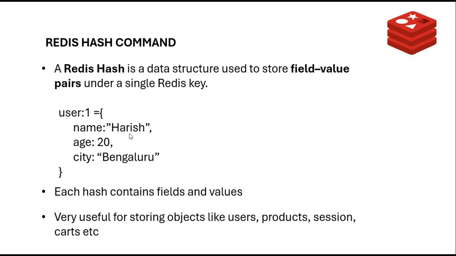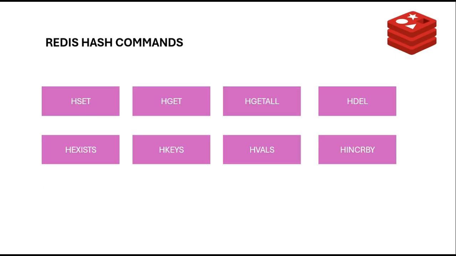Let's say name, Harish, age, and city, Bangalore. All of this can come under a single Redis key. Each hash contains fields and values, and they are very useful for storing objects like users and products, which contain multiple field-value pairs. These are some of the Redis hash commands we'll have a look at.